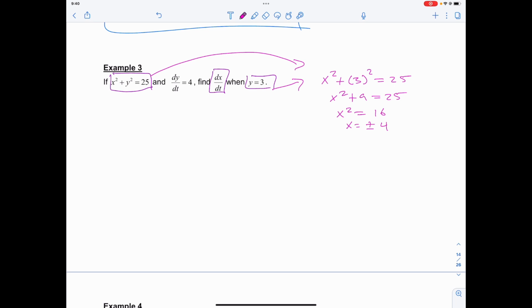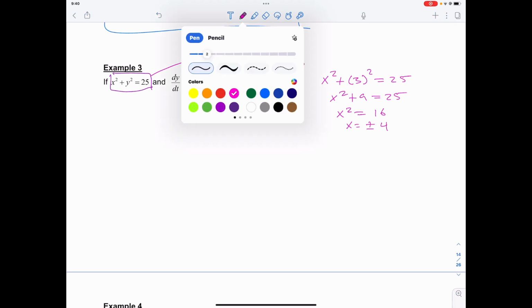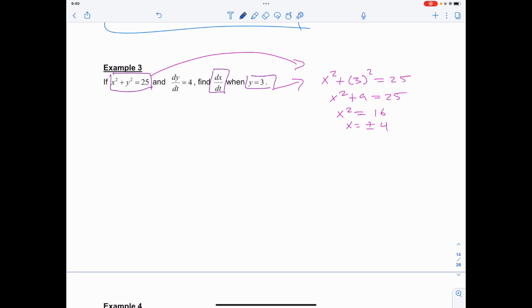Now, what else do I know? I'm differentiating both sides in terms of t. So when I differentiate this equation, I'm going to get 2x times dx over dt, plus 2y times dy over dt, and that is going to equal the differentiation of the constant, which is just 0.